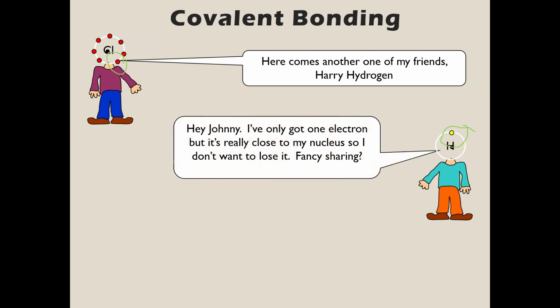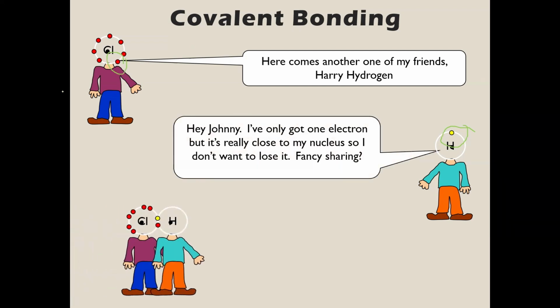When we look from the hydrogen point of view, we find that the shell of the hydrogen now has 2 electrons, so it's stable.